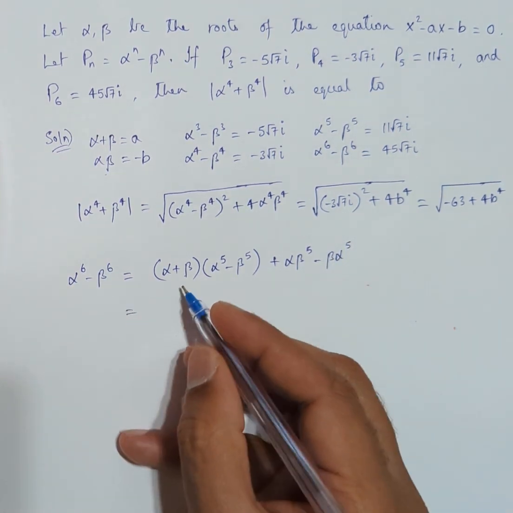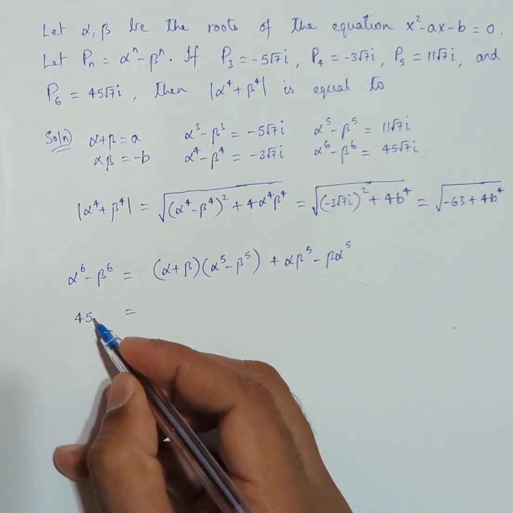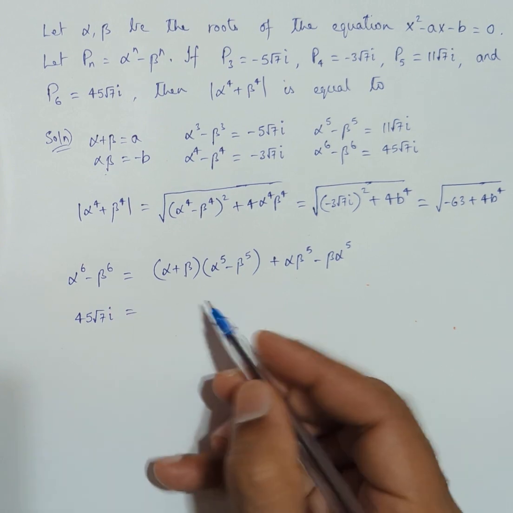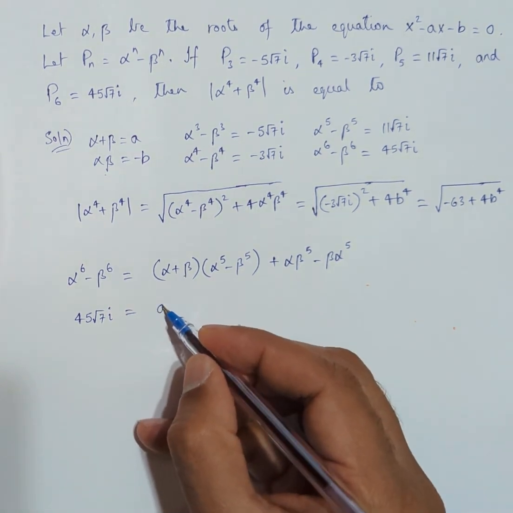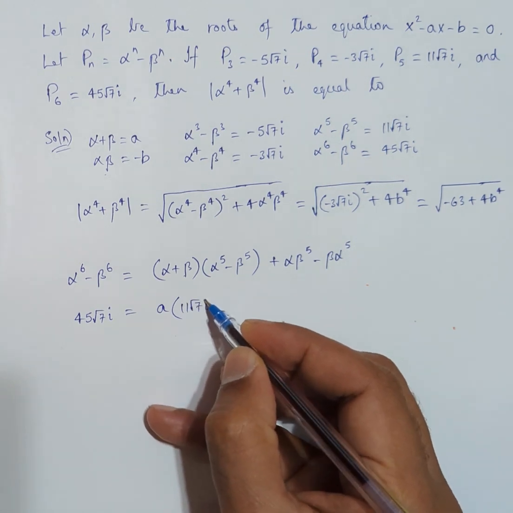So now I can replace this with 45 root 7i, and alpha plus beta is a times this is 11 root 7i.